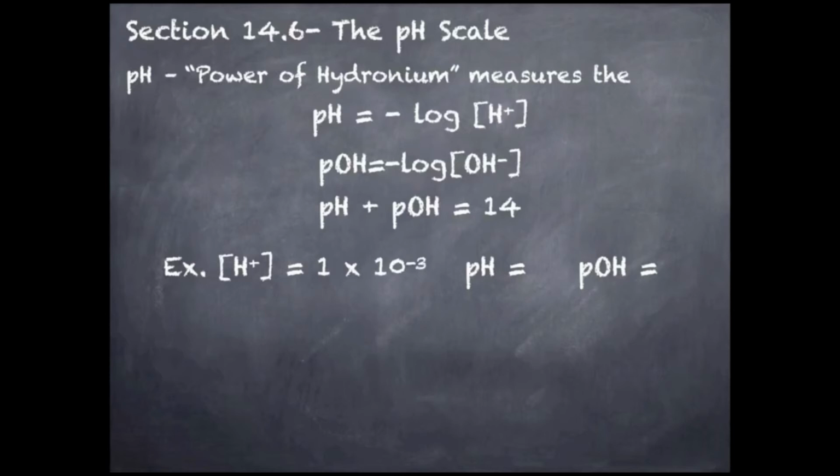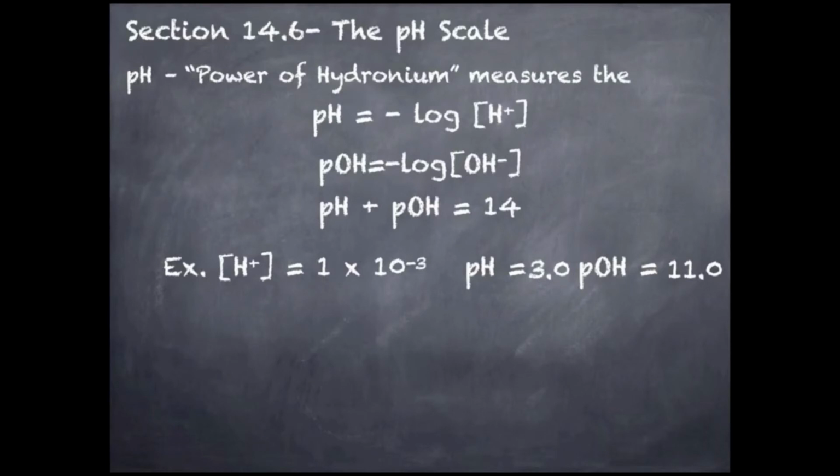So, since H+ has 1 sig fig there, I'm going to need to make my pH 3.0 so that it has 1 decimal place. Now, since I know that the pH plus the pOH equals 14, I can take 14 and subtract 3.0 from that in order to get my pOH, which is 11.0.